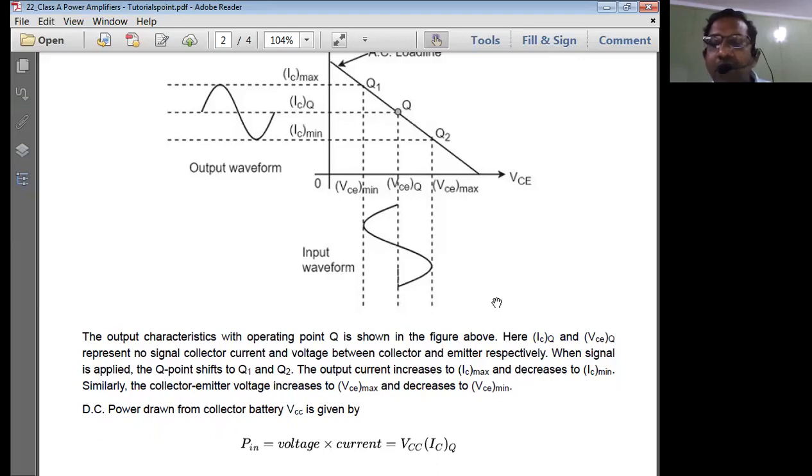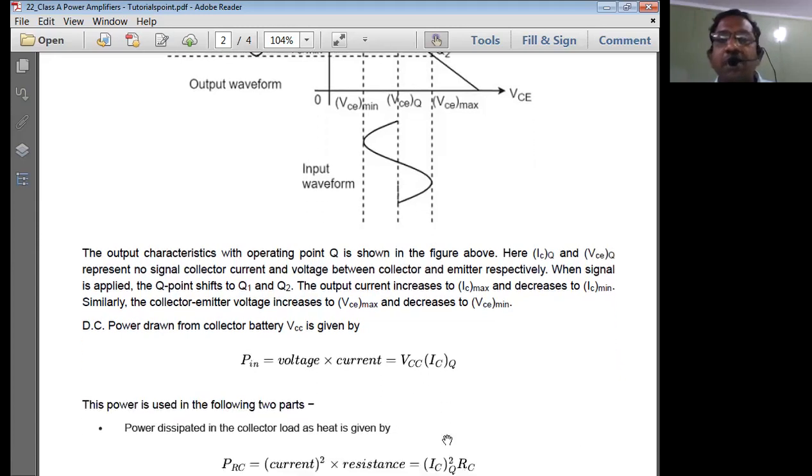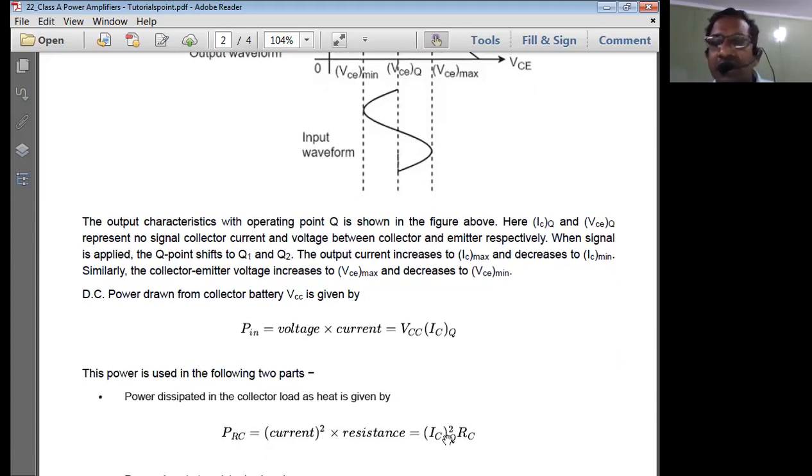If you take care of the temperature, which increases enormously in a power amplifier, by using heat sinks, you can enlarge the input voltage to this level by keeping the Q point at the center of the active region. So we can use this as a power amplifier if you provide heat sinks.